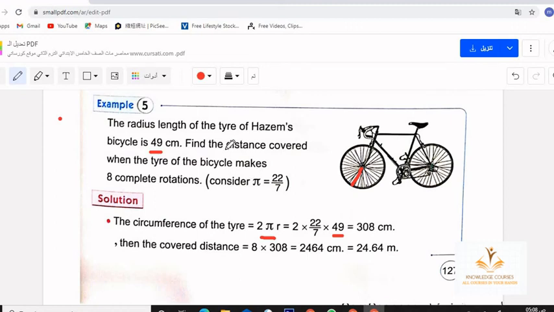Find the distance covered by this bicycle in 8 complete rotations. So the distance equals 8 multiply the circumference. Okay.